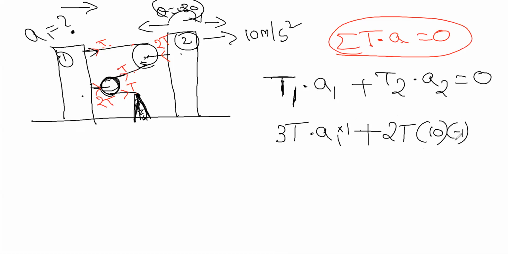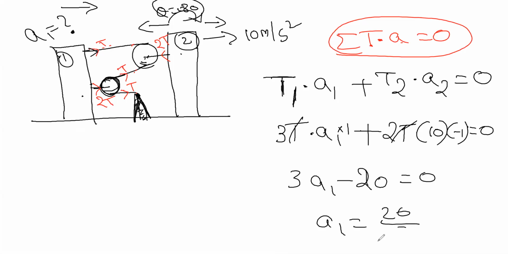Minus 1 because cos 180 is minus 1. We can cancel T and T directly because it is equal to 0. Directly we got 3A1 minus 20 equal to 0. We got A1 directly: 20 by 3.